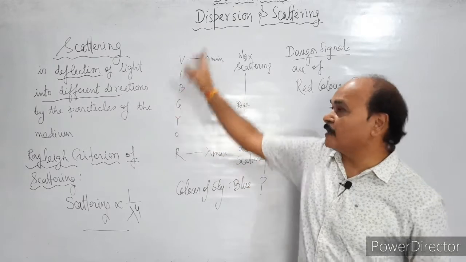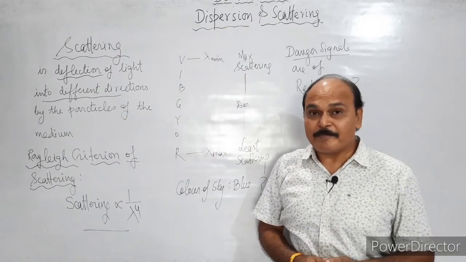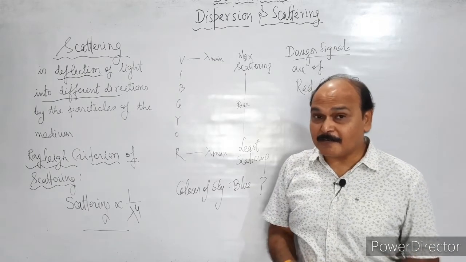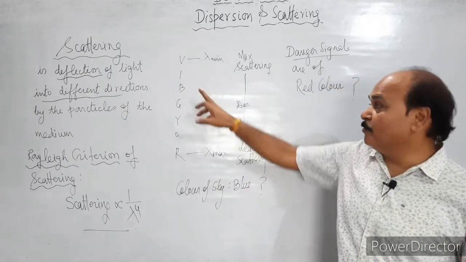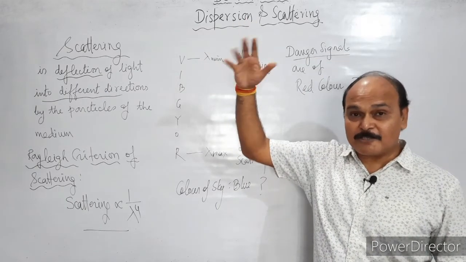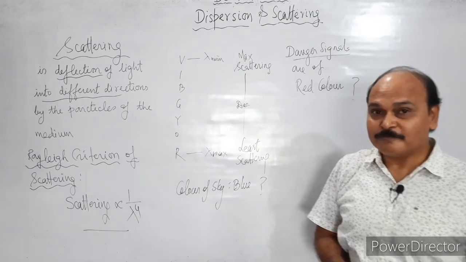And when we look up, we find the sky blue in color. The color of the sky is blue simply because blue color is scattered in the atmosphere itself. That is why the color of the sky appears blue.